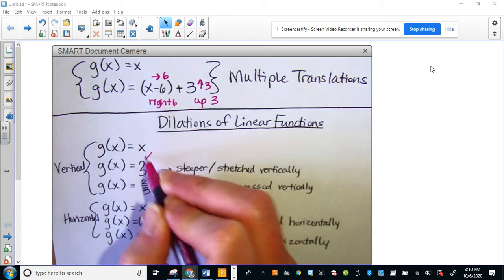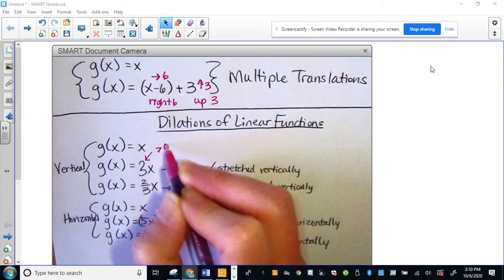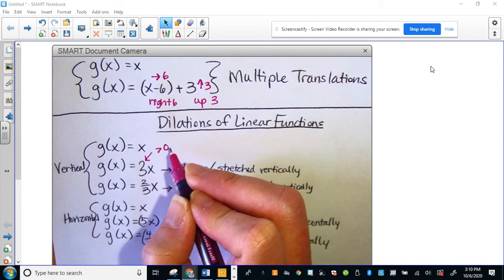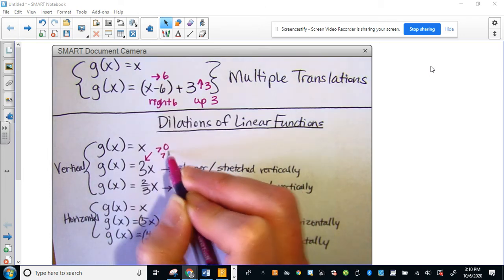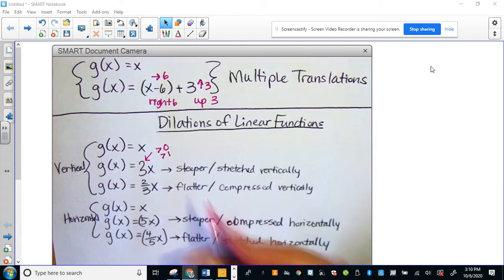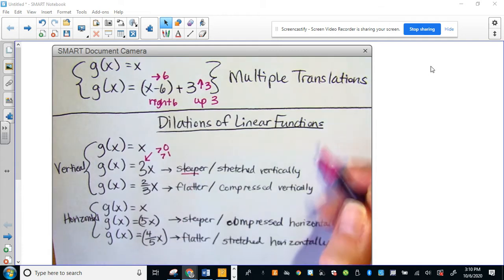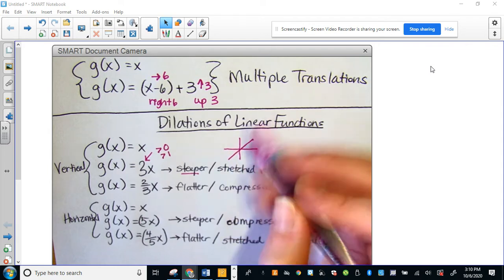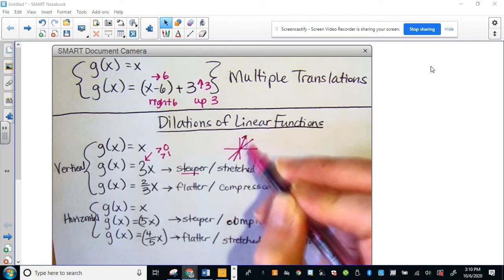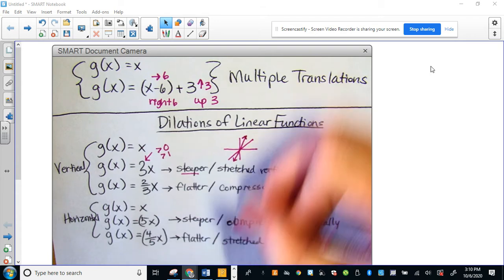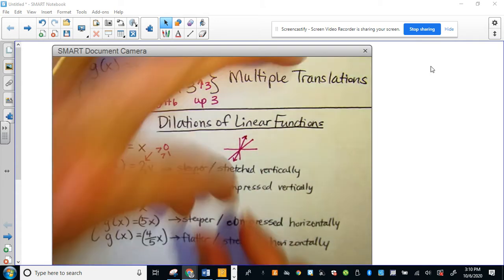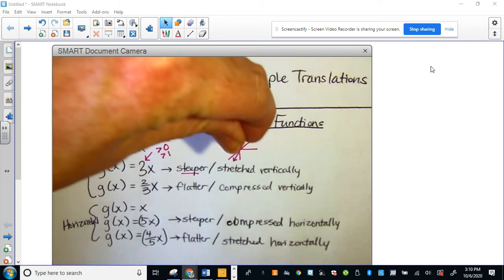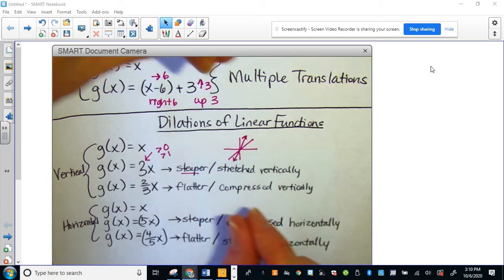And when this number is greater than 0 and greater than 1, so it's bigger than 1, we're getting steeper. So when you take a line, here's your y equals x, and you make it steeper, it's getting skinnier, or you're stretching vertically. Imagine stretching vertically, pulling it vertically.